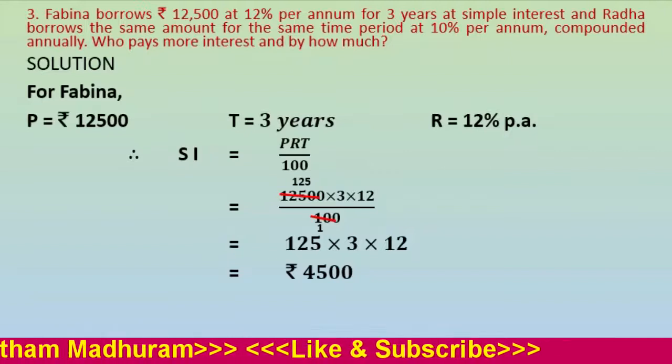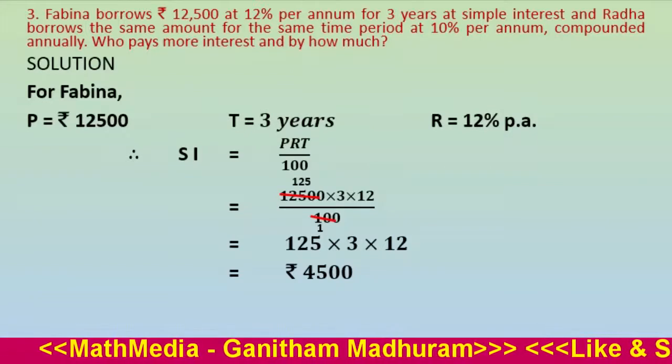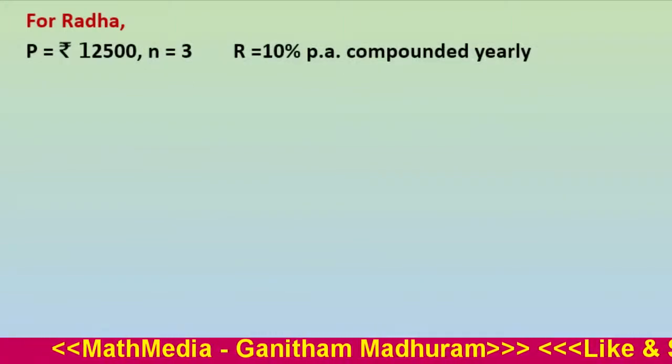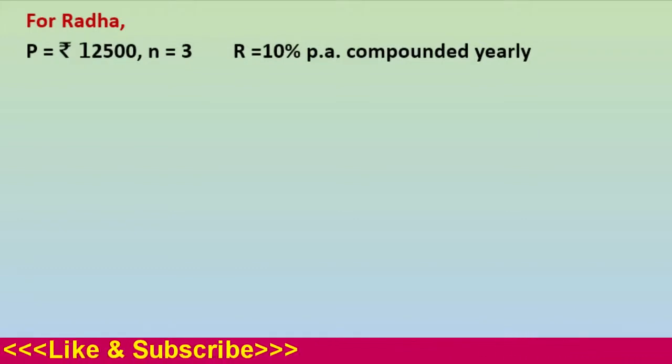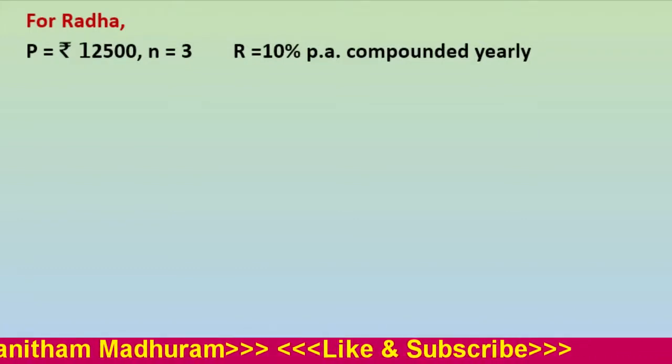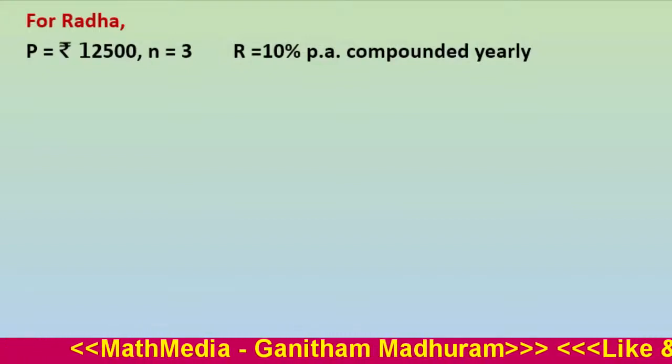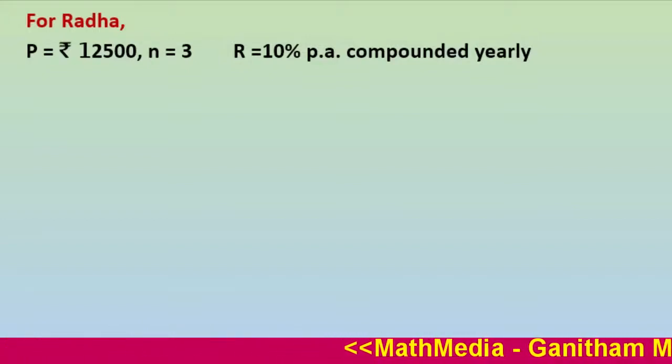Now we can find the interest paid by Radha. So we can write for Radha, principal equal to rupees 12,500, N equal to 3, R equal to 10% per annum compounded yearly. So we can find the compound interest here.